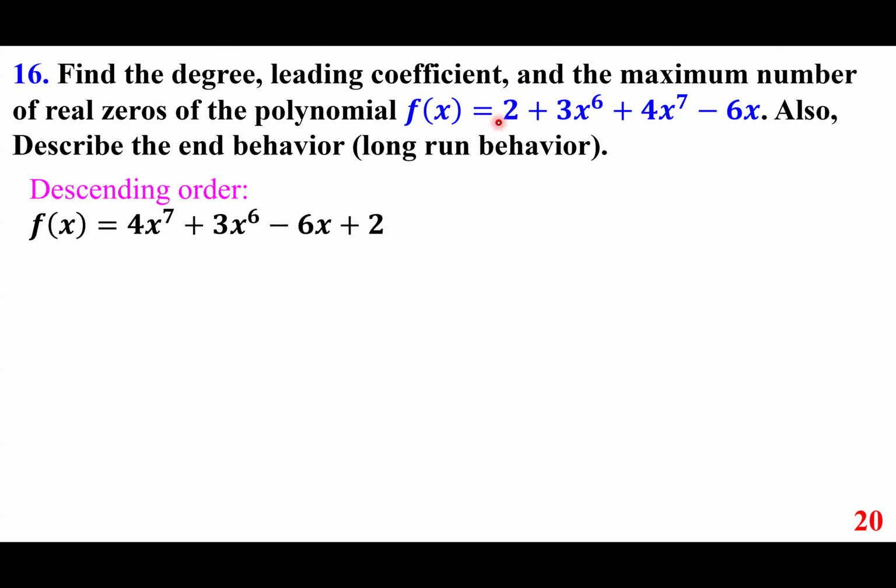When you have the descending order, the very first term is your leading term. The degree is 7, the leading coefficient is 4.